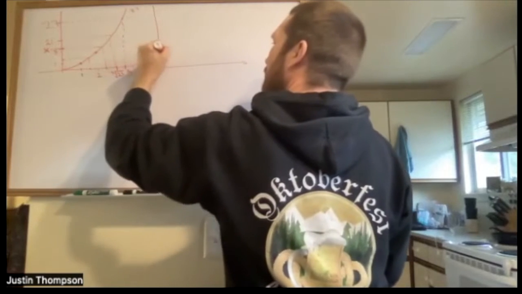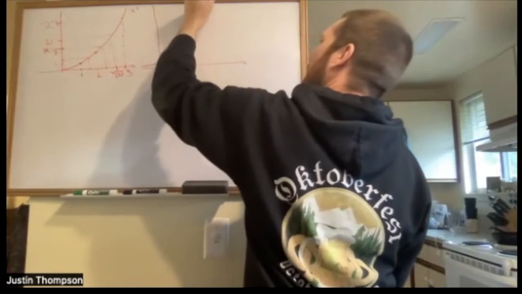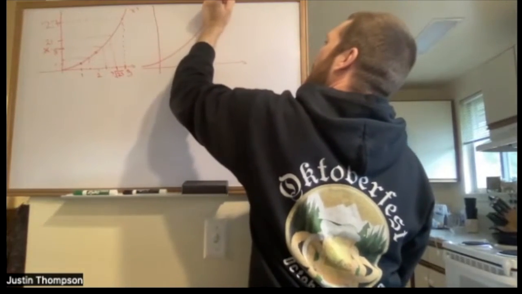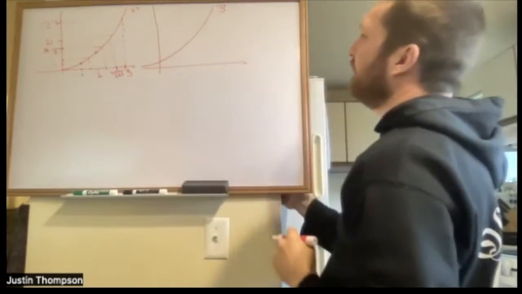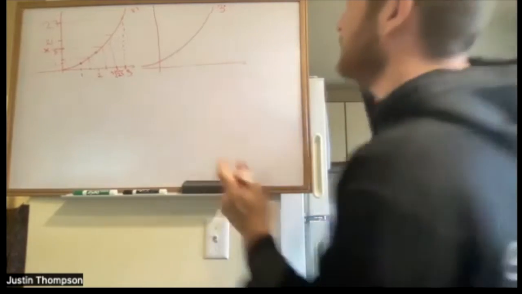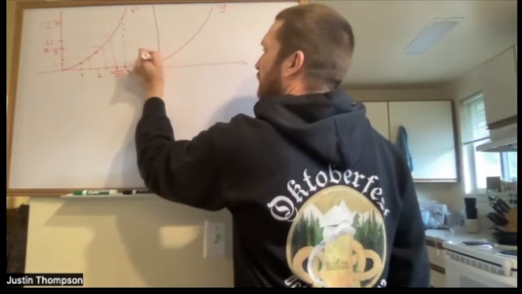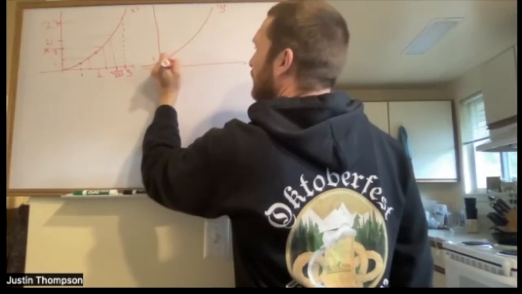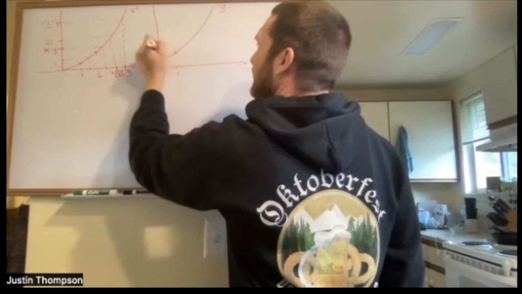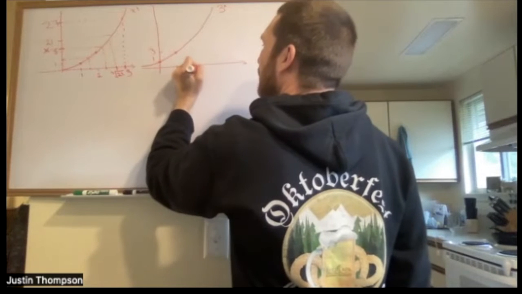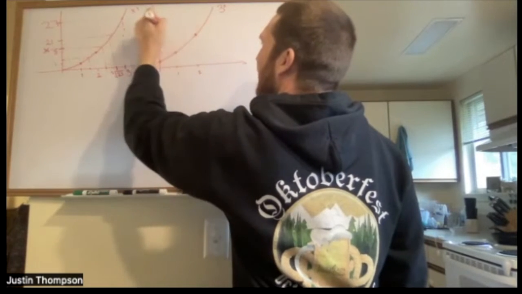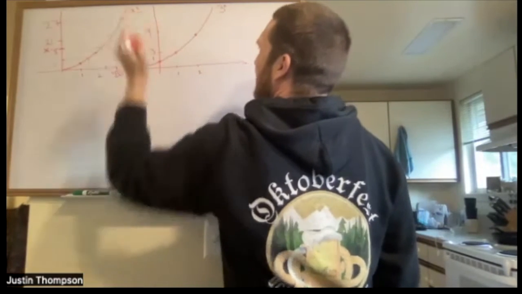So I'm going to do an exponential function, and it's going to be 3 to the x. This is the function that when I plug in a 0, I get out a 1. When I plug in a 1, I get out a 3. When I plug in a 2, I get out a 9, and so on.